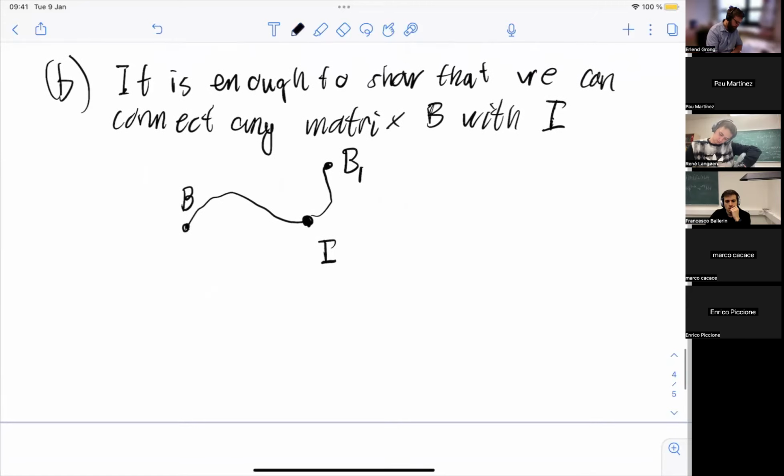And then I'm going to use a theorem from the appendix.